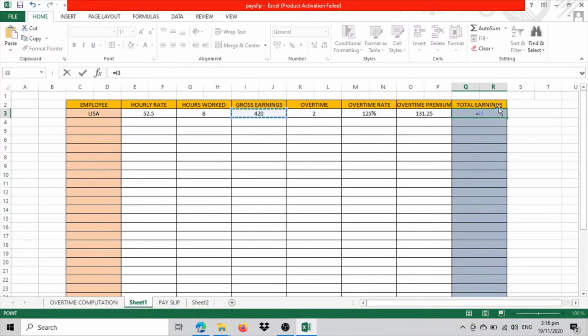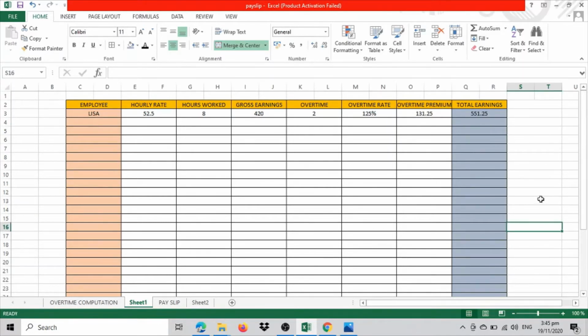That's equals, select the cell, write the add sign, and then select the other cell for the overtime premium. Just like that. So that day, Lisa earned 551.25 pesos. And that's it. That is how you use Excel for computing the total earnings.